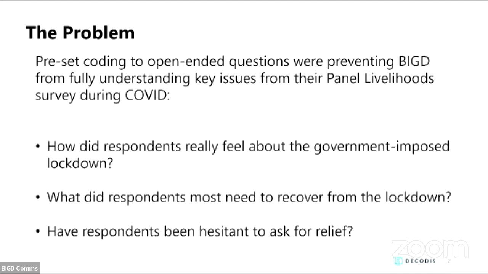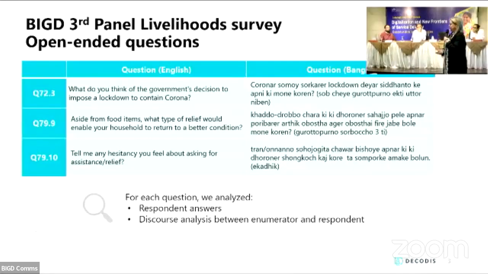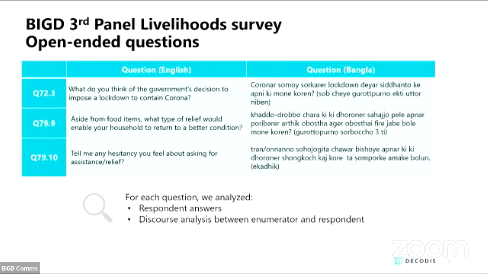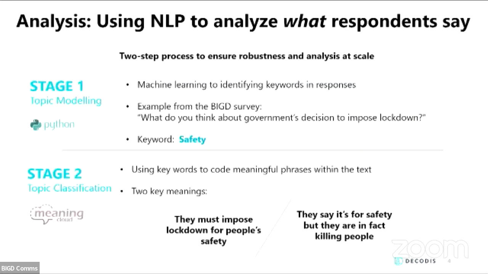I'm just going to speak about the first question, and it's up here. But we also have not just what the respondents said, but how the enumerators asked. So I'm going to talk about a content result and a methodology, an enumerator result. Let me just briefly talk about how we use NLP to analyze what respondents were saying.